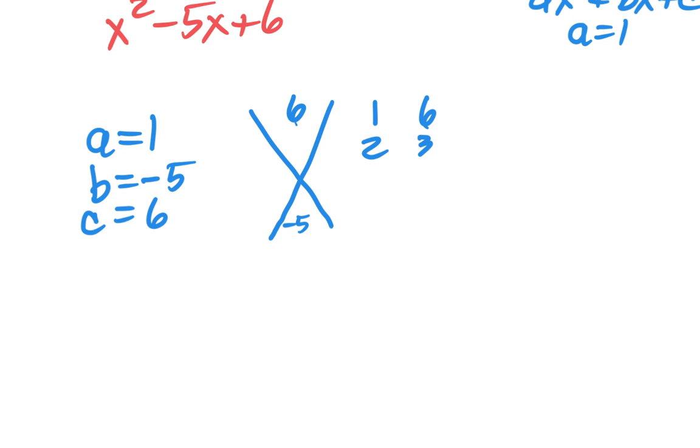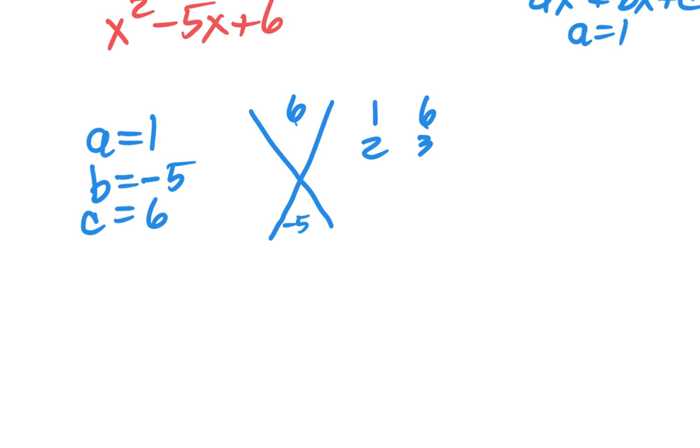Which of these two numbers can I add up to get negative 5? Hopefully you said none. So listen carefully. Because this is a plus 6, I need to multiply two numbers to get a positive 6. Now, if I multiply two positive numbers, obviously I get a positive number. If I multiply two negative numbers, I also get a positive number.